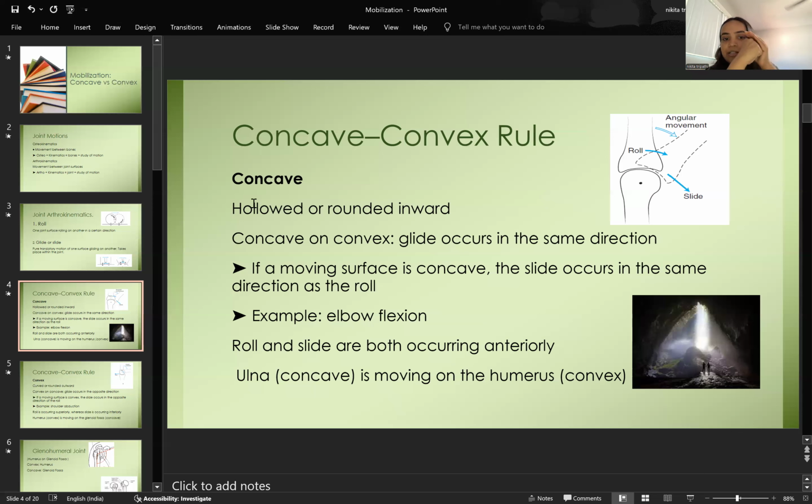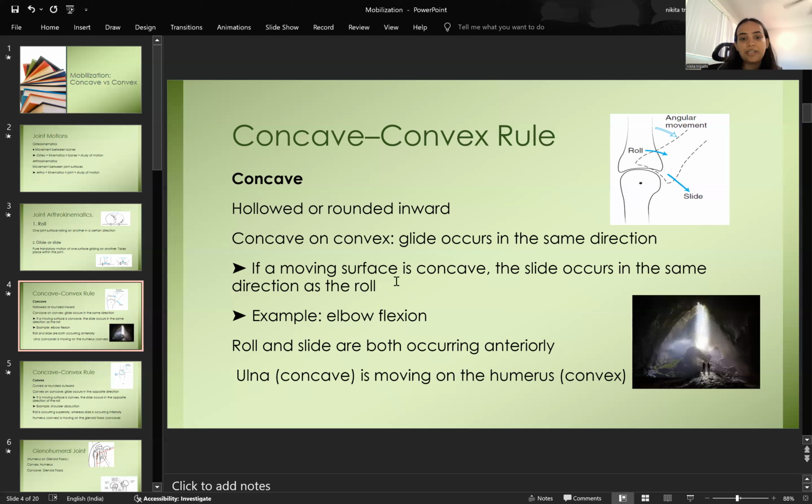So when concave moves on convex, meaning the concave surface is moving on the convex surface, what happens? Rolling and sliding happen in the same direction. Concave, cave, same: rolling and gliding happen in the same direction. If a moving surface is concave, the slide occurs in the same direction as the rolling.